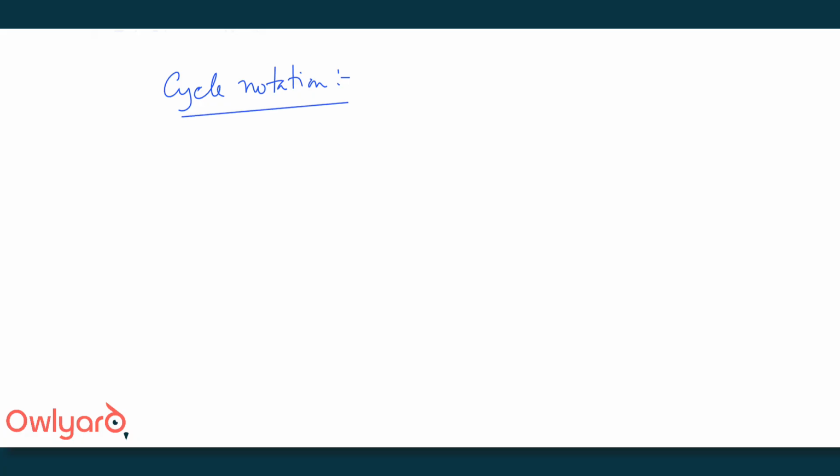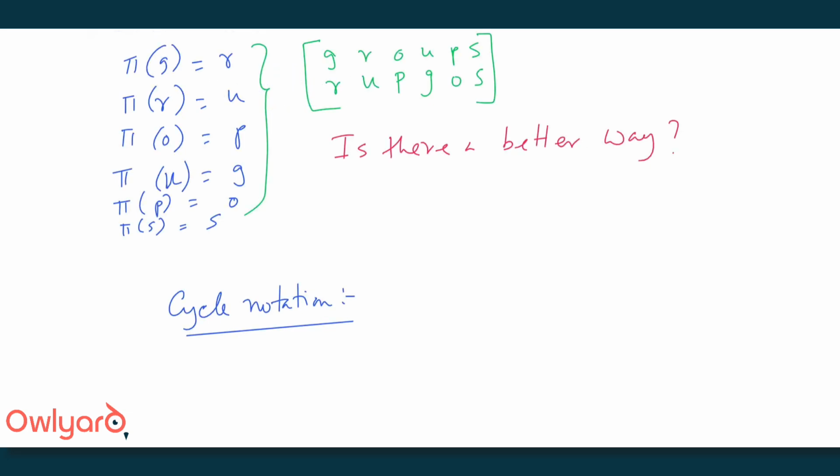So again, if we take the same example that we just showed, in cycle notation, we are going to write in the following way. So first check under the repeated application of the permutation where these alphabets are going.